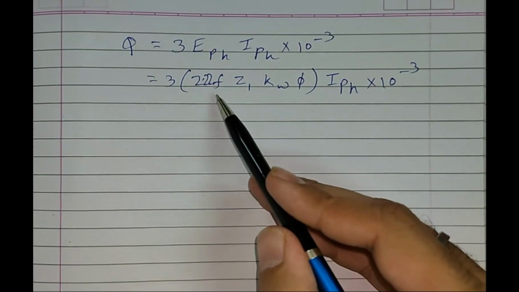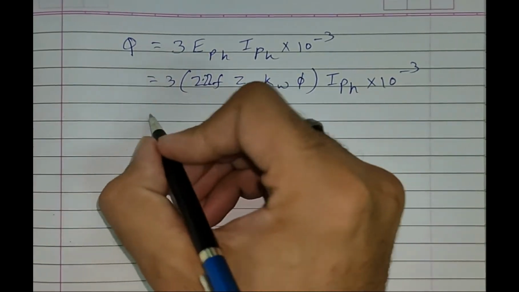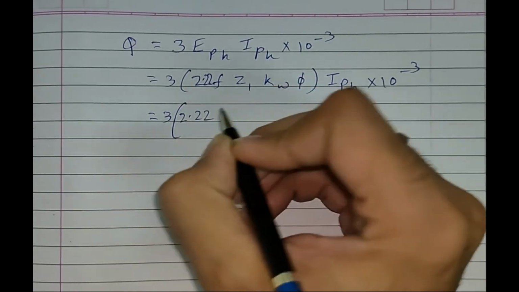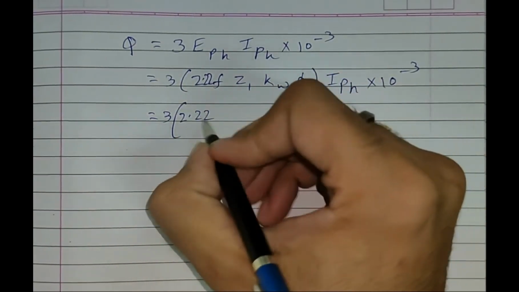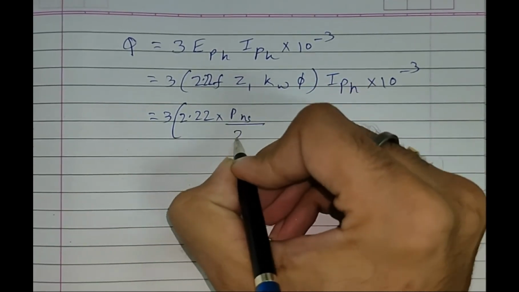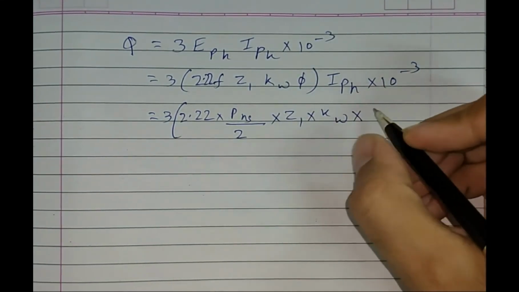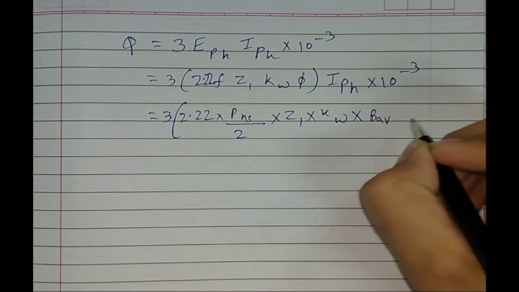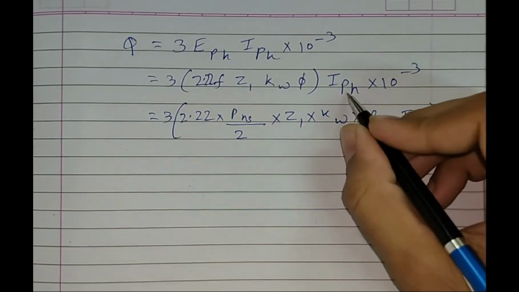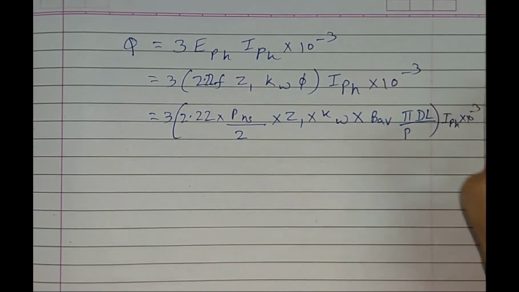Now we have seen how F can be substituted as well as how phi can be substituted. So we will substitute in this equation. So this becomes 3 multiplied by 2.22, F can be given as P into small ns upon 2, multiplied by Z1 multiplied by KW multiplied by phi, which can be given as BAV multiplied by pi dl upon P, and the IPH and 10 raised to minus 3 remain as they are.